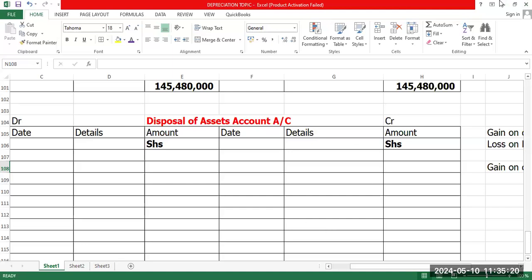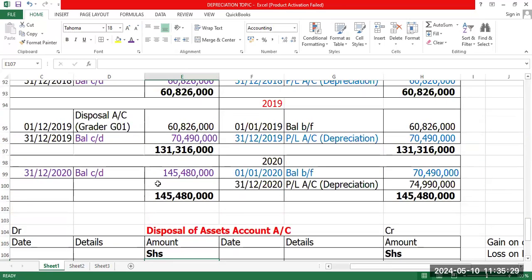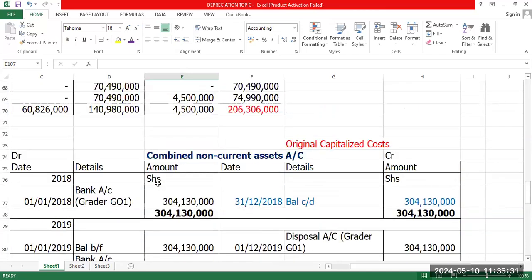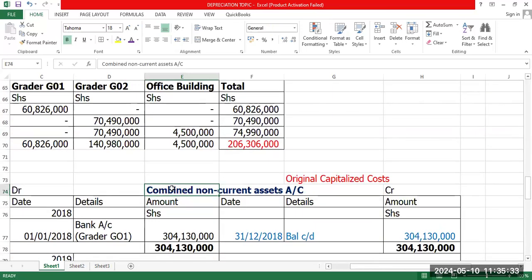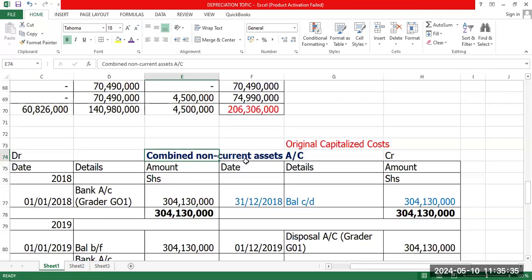So we start. When you're doing the disposal of assets account, just start from your first account. Come back here, this is our first account. Look for where you have the word disposal.